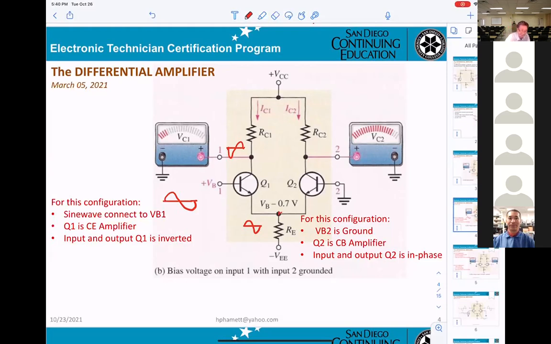Second question. Can you tell me, in this case, what is the amplifier configuration for Q2? What is Q2 supposed to be? Common base. Common base.